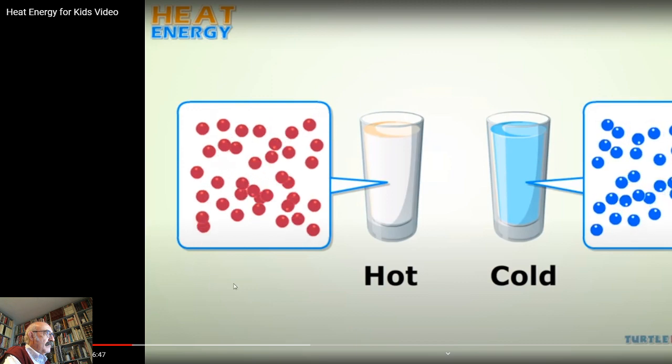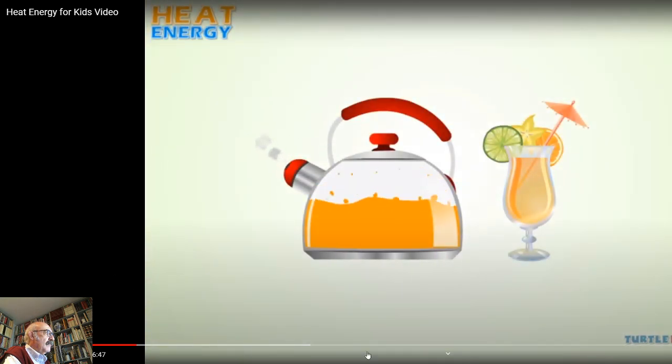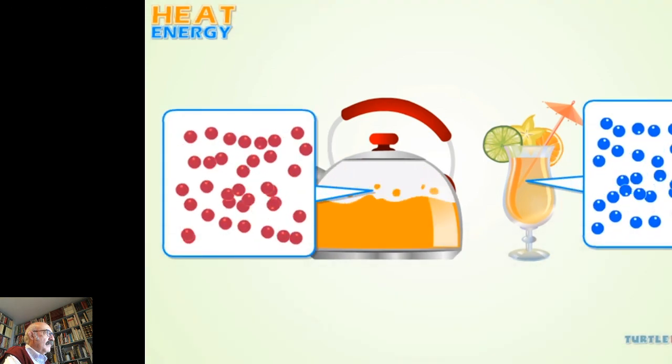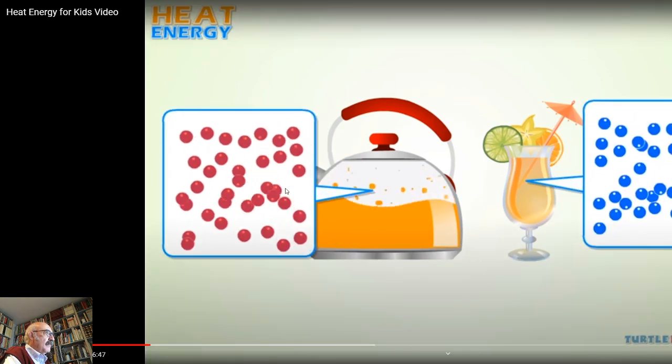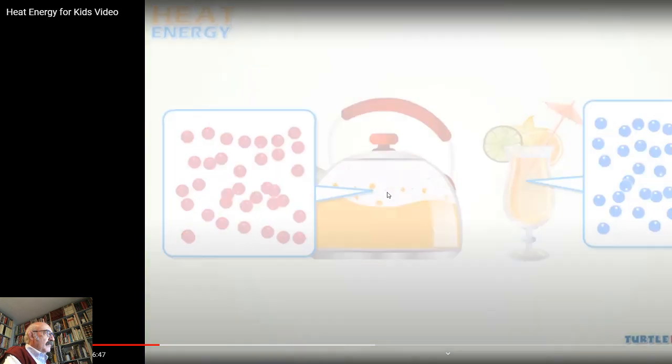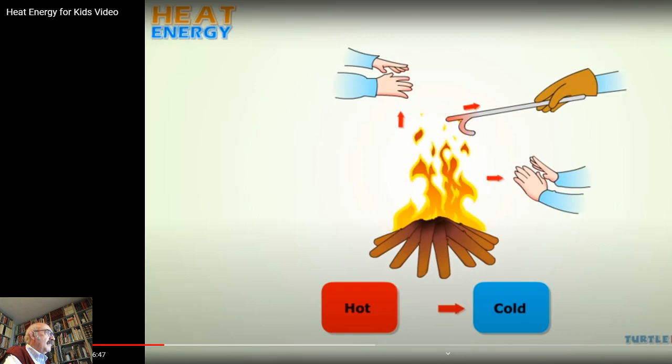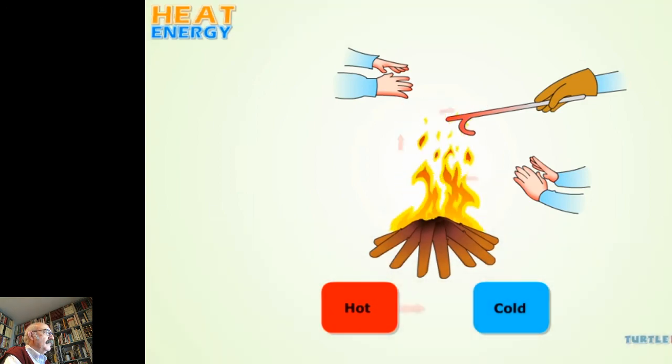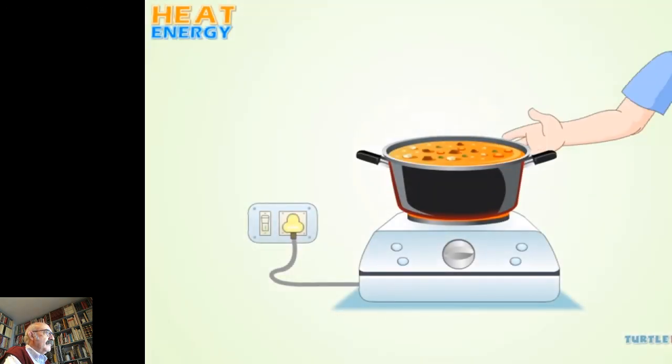For example, particles of hot water in a pot would vibrate very quickly, so they would contain lots of energy. Heat is actually a form of energy that is being transferred from a substance at a higher temperature to another substance or substances at a lower temperature. Have you ever touched a hot pot that was on a stove?